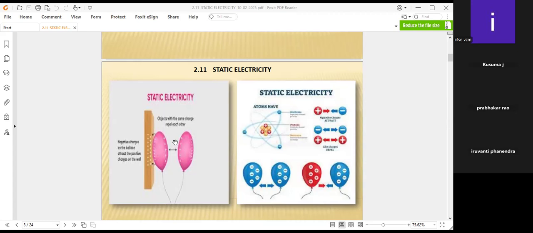But if you see the balloon seller hanging balloons on beach roads, the two are apart. They are not close to each other because of the different charges, positive and negative.